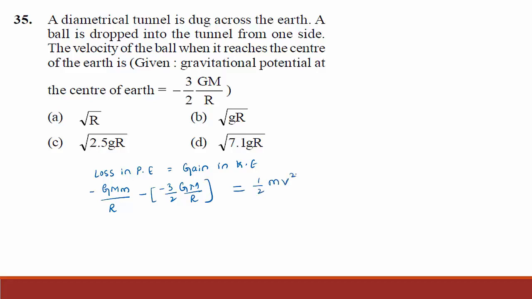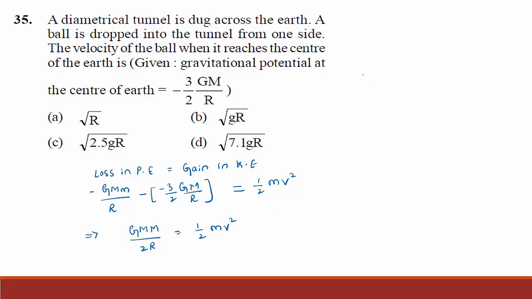half mv square. Now calculate this value, we will get minus into minus will be plus GMm divided by 2R is equal to half mv square.